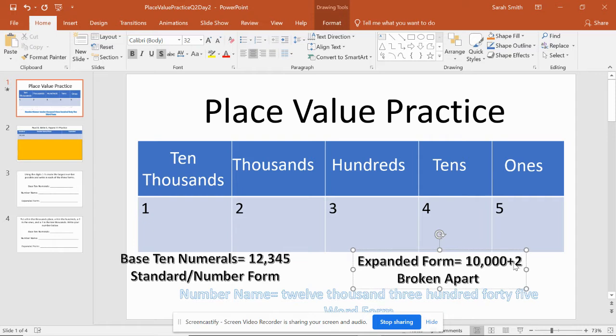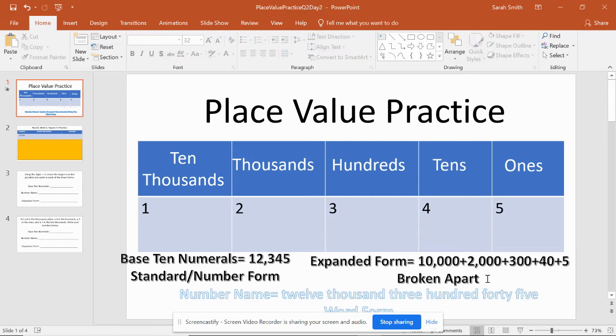Then we know it's a 2 and there's 1, 2, 3 spaces behind it. I'm going to put my comma. Always separate that. Then I'm going to put my plus sign. Then I know I have a 3 in the hundreds place, so 300. I know I have a 4 in the tens place, so that means it's 40. And I have a 5 in the ones place, so it's just 5.